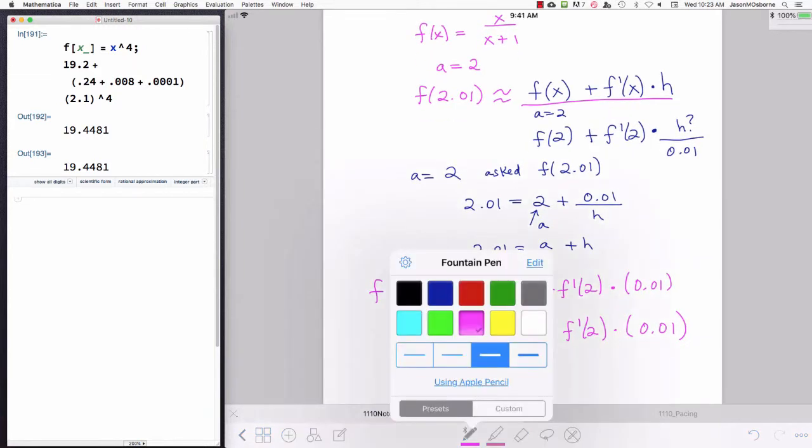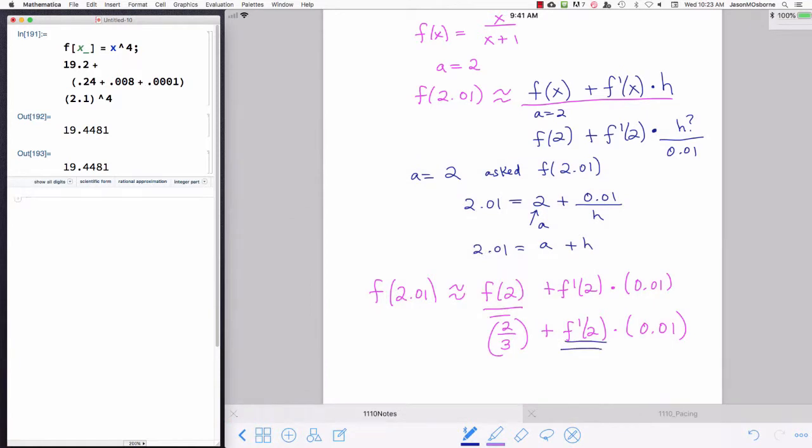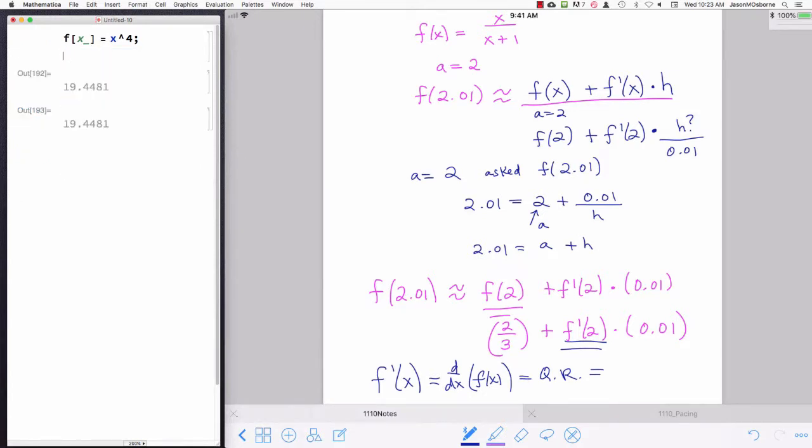And here's where your work is going to come in. You're going to have to find f prime of 2, but first you have to find f prime of x, and you're going to need to use the quotient rule at that point. I'll leave you to look at the video on the quotient rule, and then you can find f prime of x.